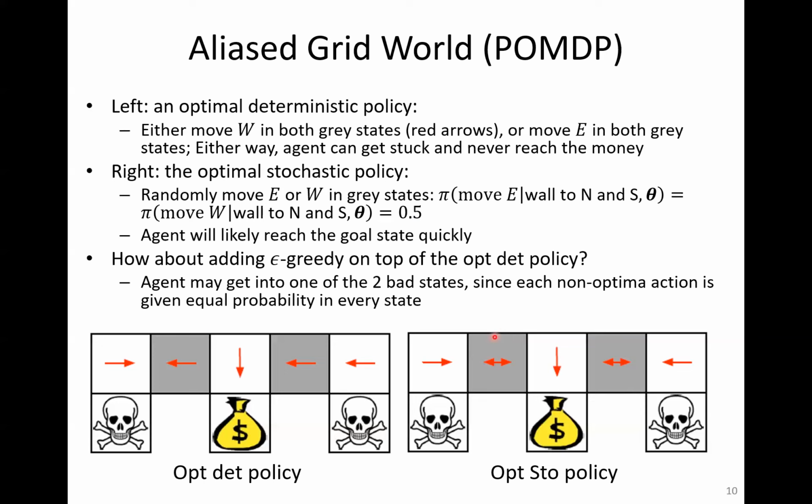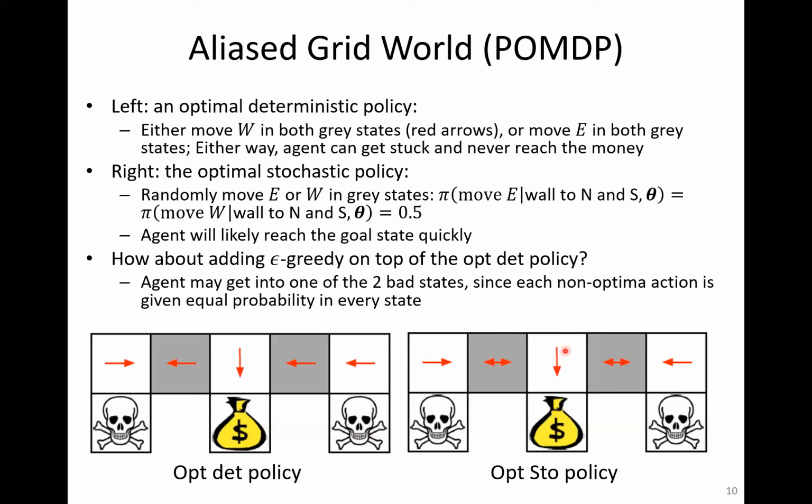If you have walls to the north and west, you're in the left corner state. Similarly, for the right corner state. If you have only a wall to the north, you're in the center state. So these three states have no ambiguity.